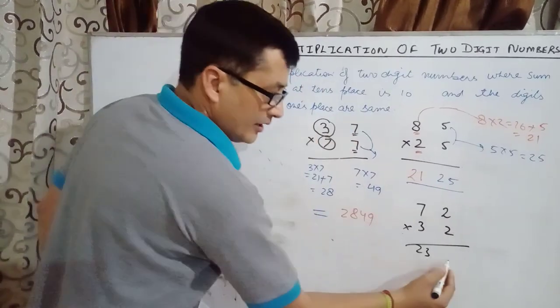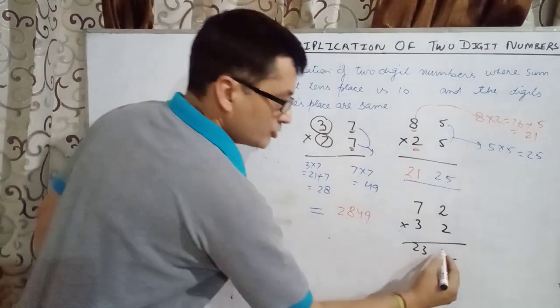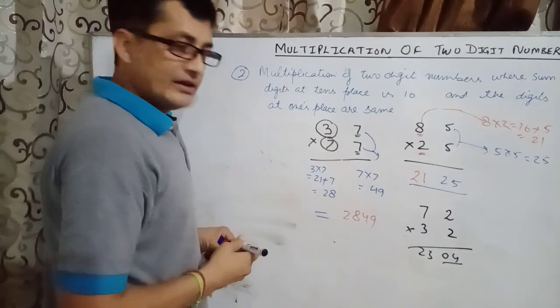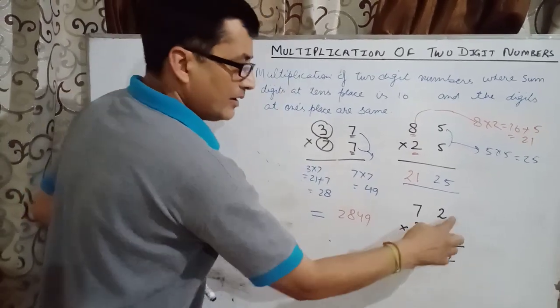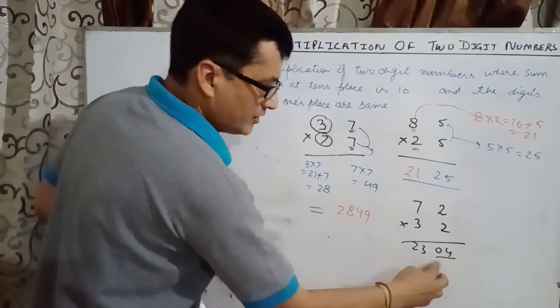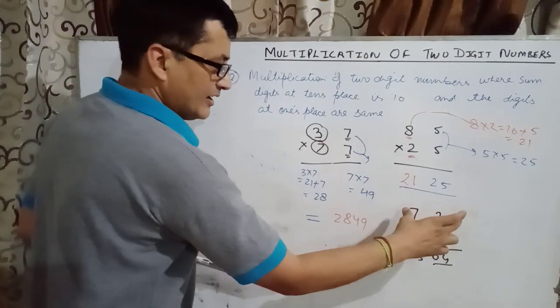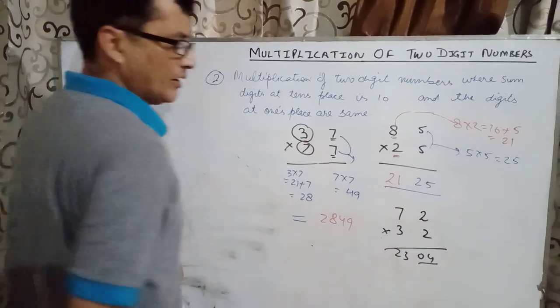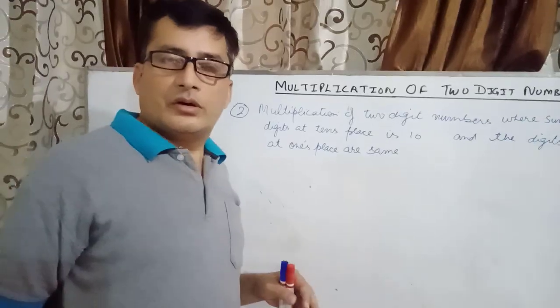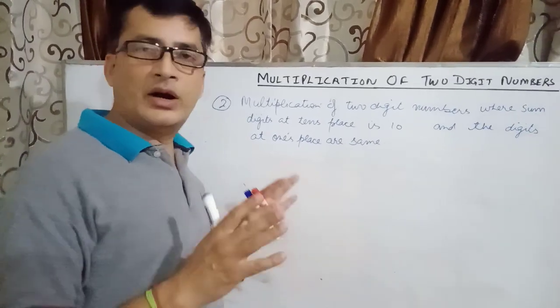But I told you here you have to write a two-digit number. So 04. So 72 into 32 comes to 2304. Students, I hope you understand this.